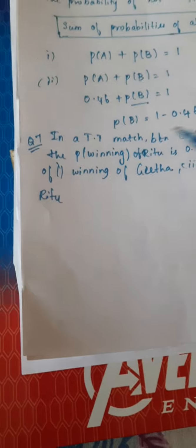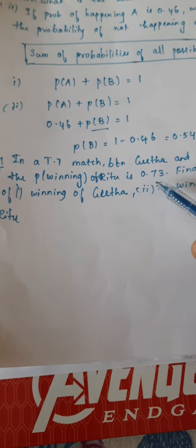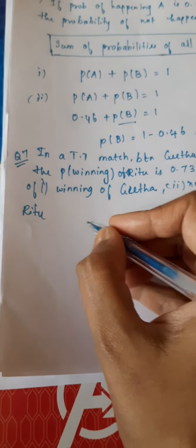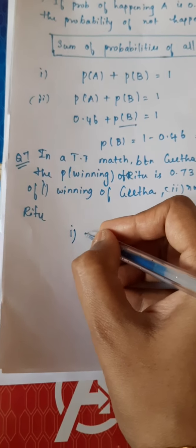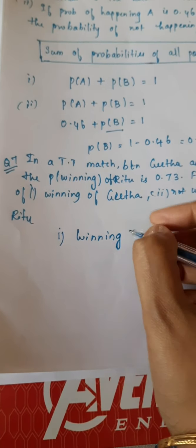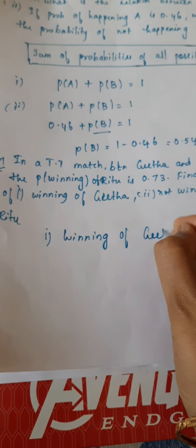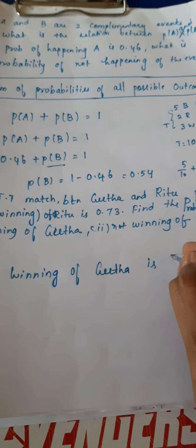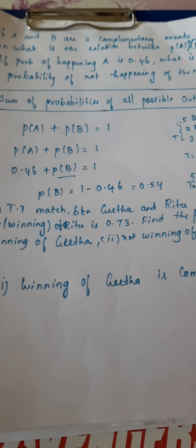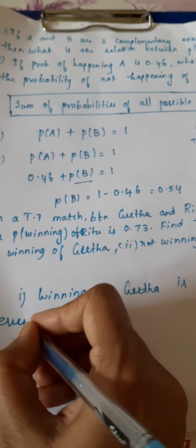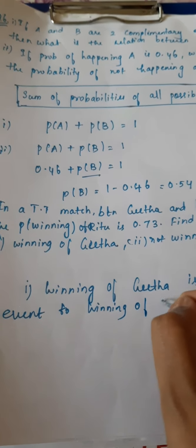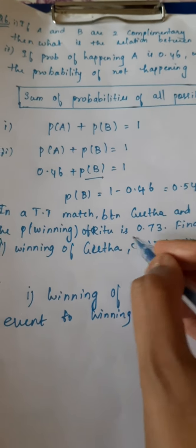Next question, in a table tennis match between Geeta and Ritu, the probability of winning of Ritu is 0.73. We need to find two different probabilities. The probability of winning of Geeta we need to find. So winning of Geeta is complementary to winning of Ritu, and winning of Ritu is already given in the question itself.